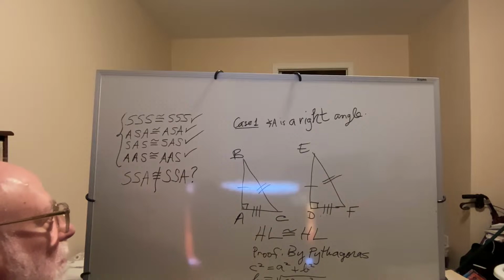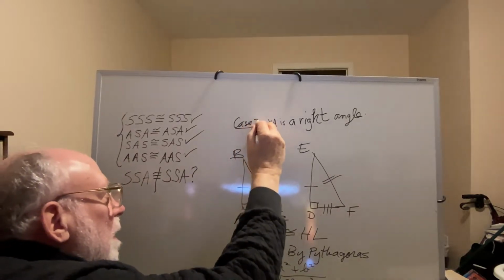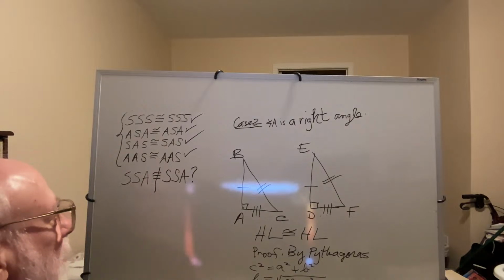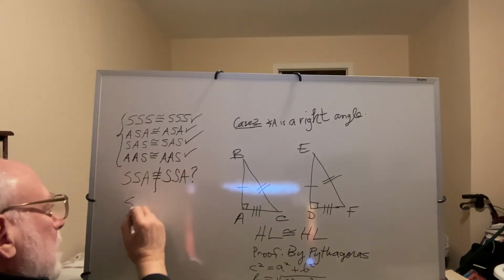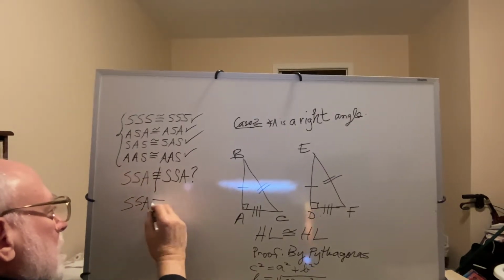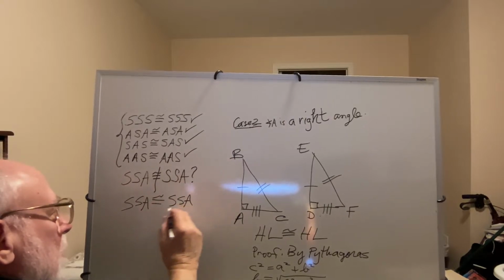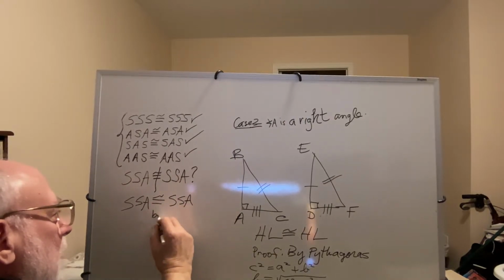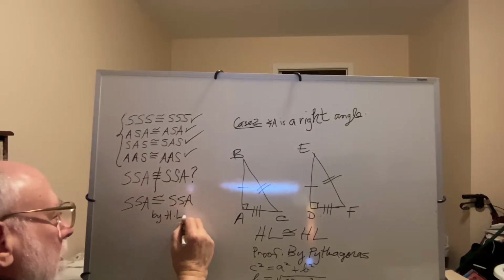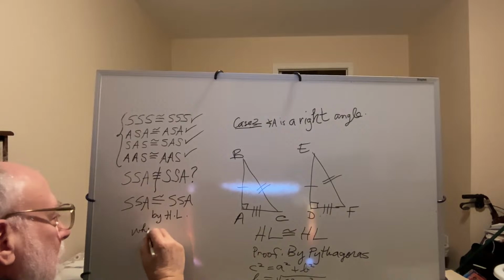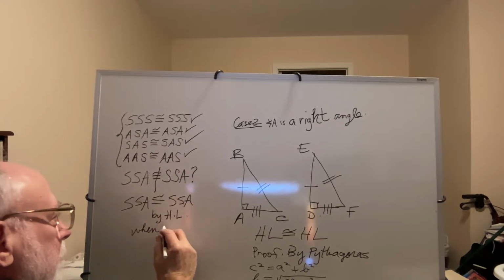So in case 2, when angle A is a right angle, this SSA is good because it's hypotenuse-leg, when we have a right triangle.